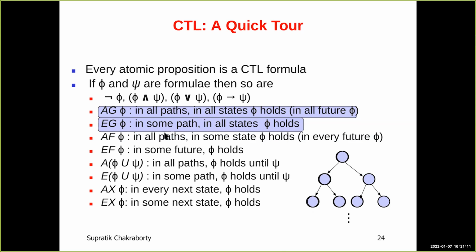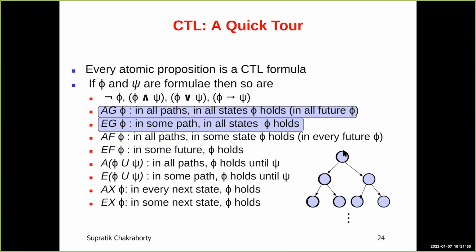So then we will say that EG phi holds, because starting from the root, there exists a path where phi holds globally. Similarly, AF would mean that in all the paths, finally phi holds. So maybe phi holds here, here, and here. So in all the paths, finally phi holds.